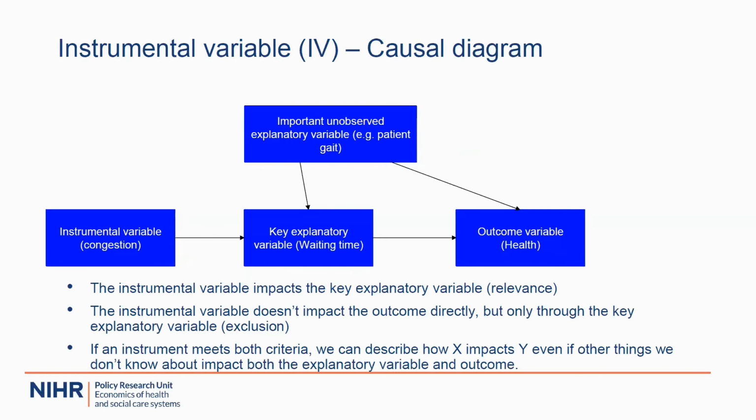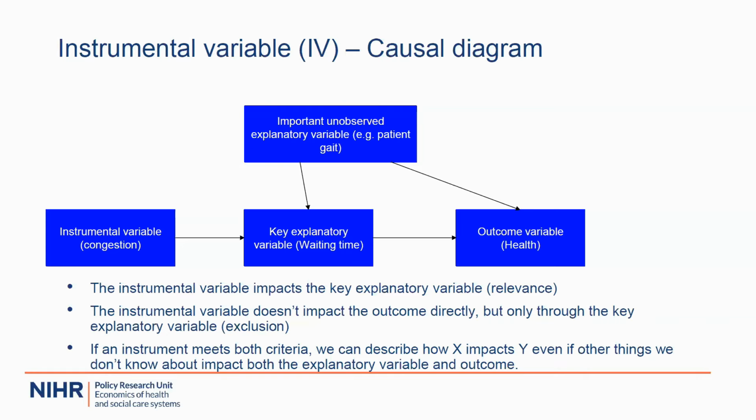The specific thing about an instrumental variable, which in this case we use congestion, is that it is something which can change the variable of interest, which in this case was waiting time.